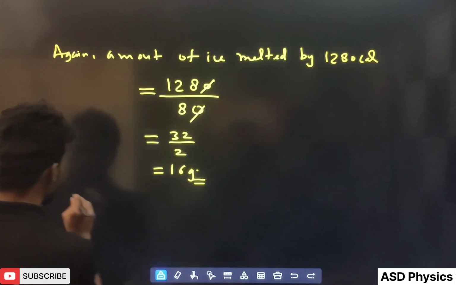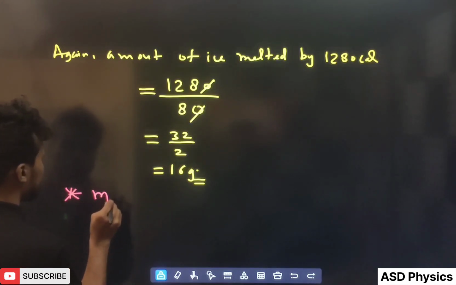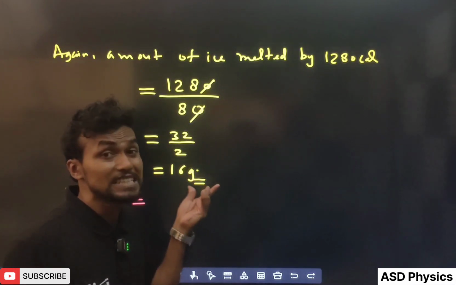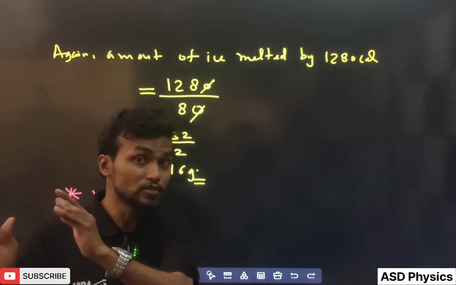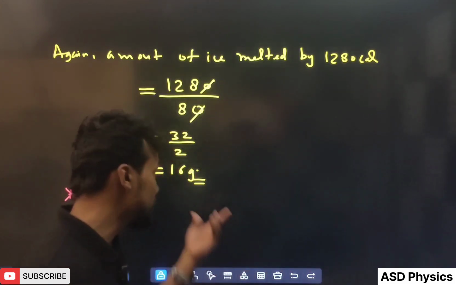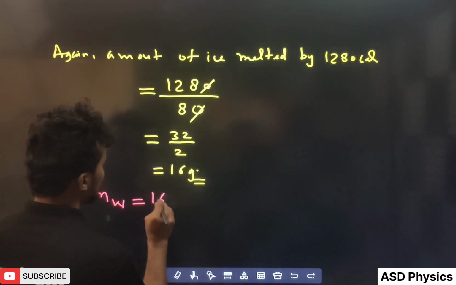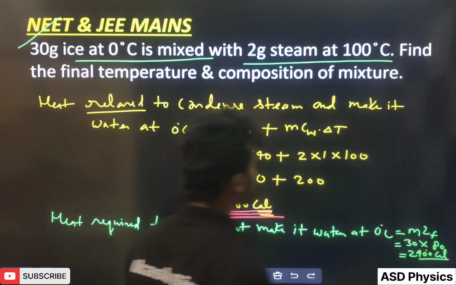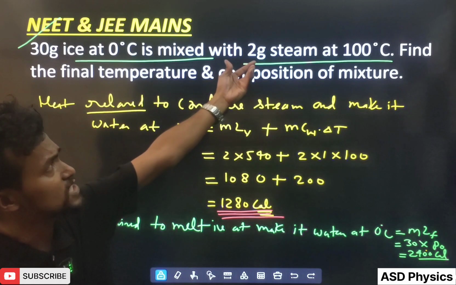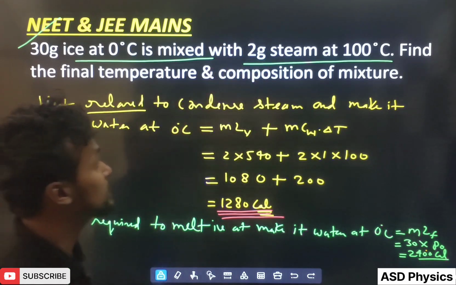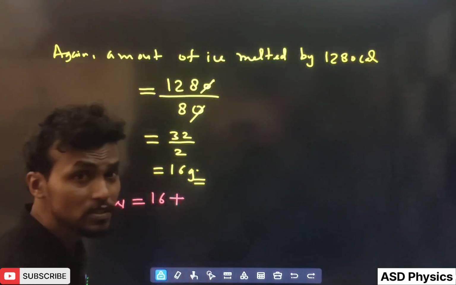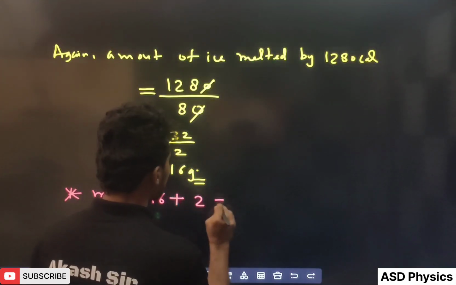Now, mass of water. This 16 gram ice was converted into water, out of the 30 gram of ice. And we had 2 gram of steam, which has also become water. So 16 gram is coming from ice and 2 gram from steam.